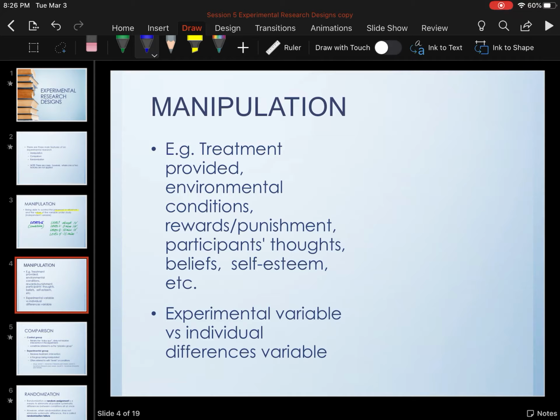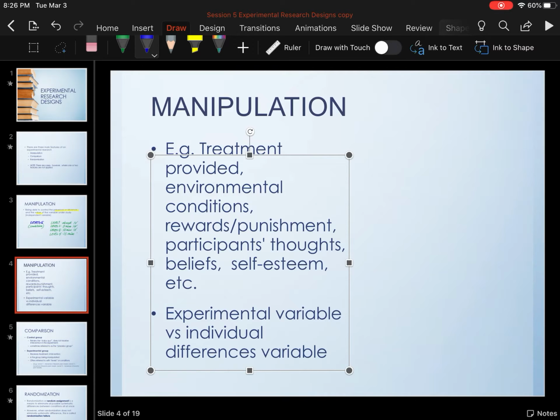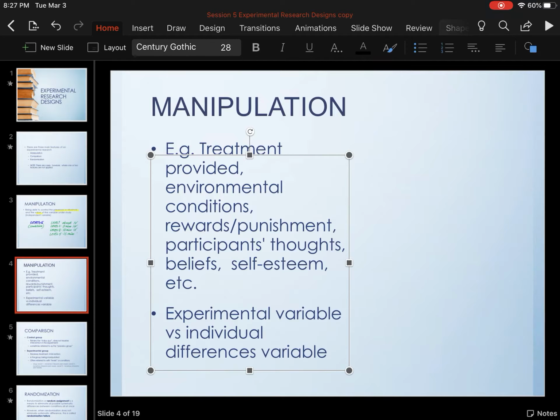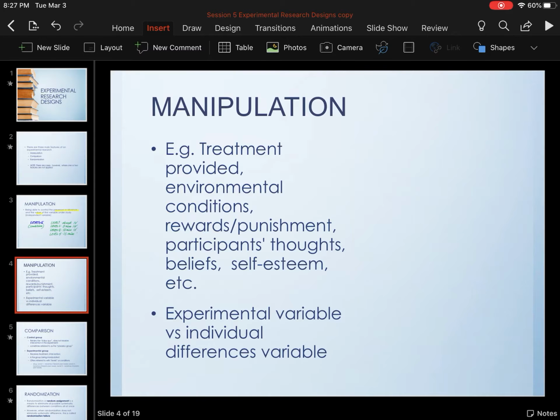So an experimental variable includes the first part. All right? So treatment provided, environmental conditions, rewards, punishments, participants' thoughts, beliefs, self esteem, etc. Whereas an individual differences variable is something that we cannot manipulate. A very simple example of this would be biological sex, right?